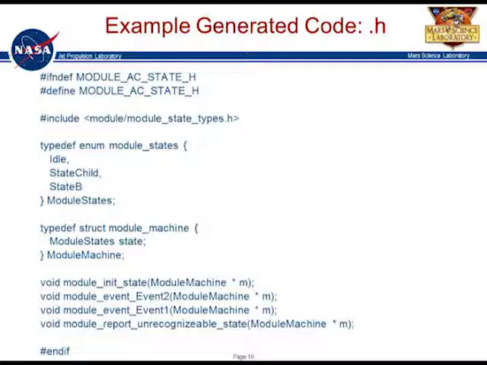And then for every event, we have a function. So here are the prototypes in the header file, and we have a little constructor, an initialization for our state machine to set the initial state. And we also have a little bit of error handling prototype, just in case the state somehow got set to a bogus value in flight. And this is how we deal with that.